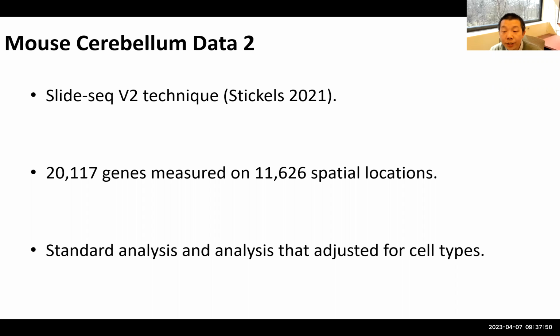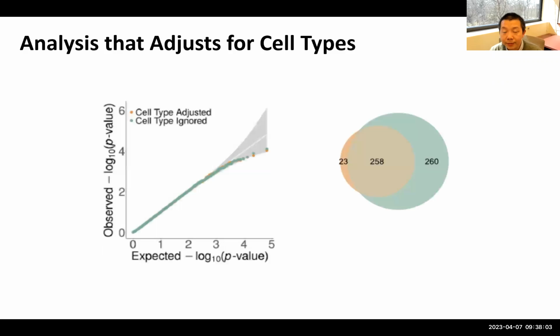Intuitively, after you control for the cell types in the model, anything you get are essentially the genes that show SE expression independent of the cell types. So we did these two analyses. In the first analysis, the regular analysis, we detected about 520 genes. So that's a big circle here. And then after controlling for cell types, we can still detect about half of them.